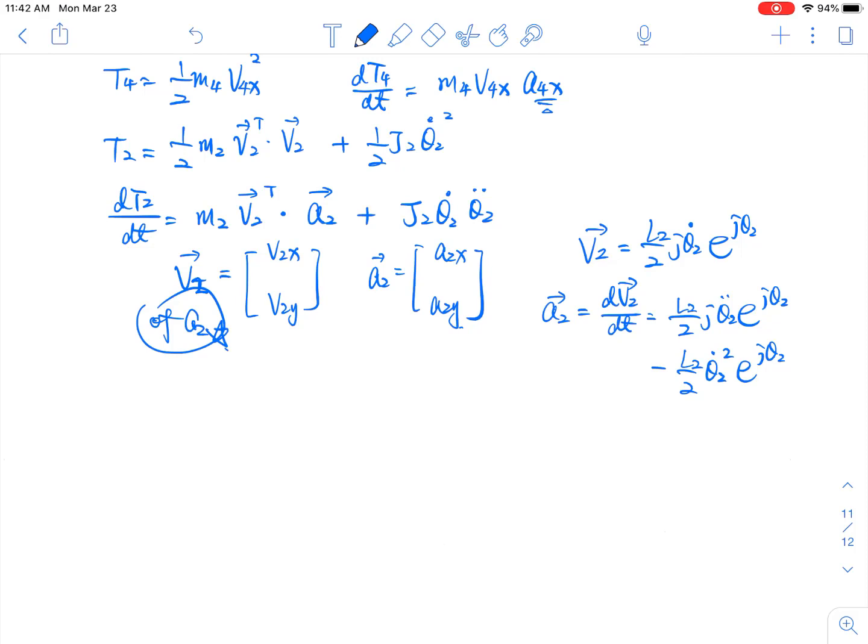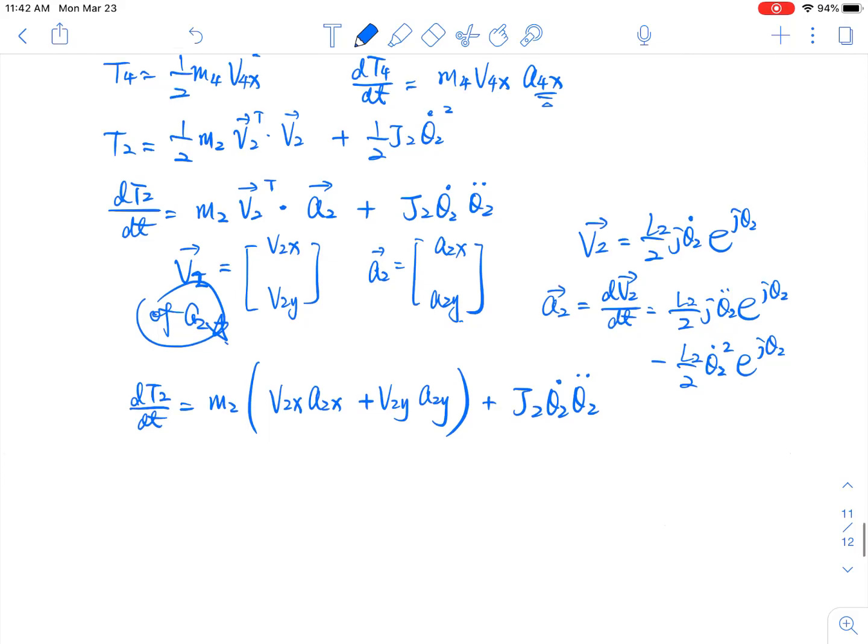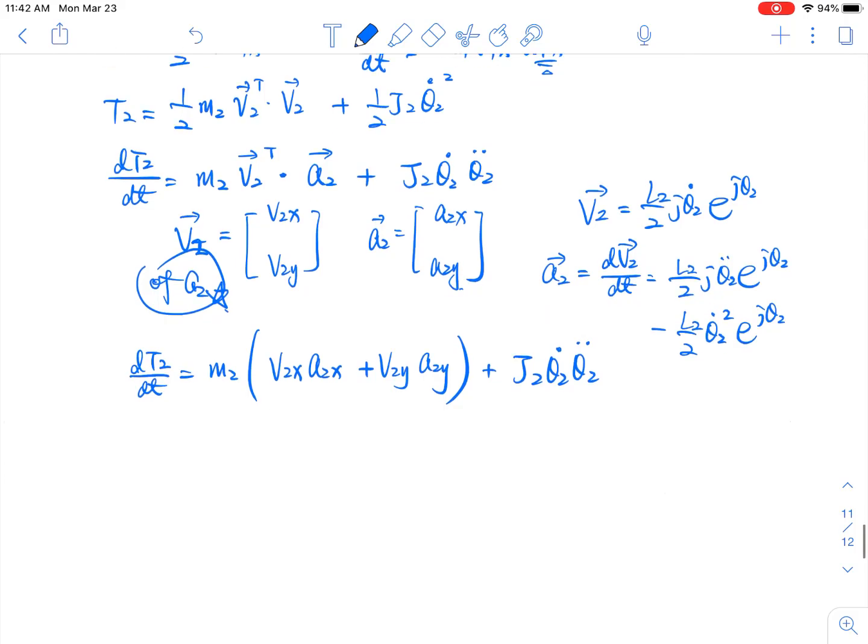And then eventually, because there is a dot product, we can write dT2/dt equals m2 times v2x a2x plus v2y a2y, plus J2 theta 2 dot theta 2 double dot. All right, so that's how we calculate dT2/dt.